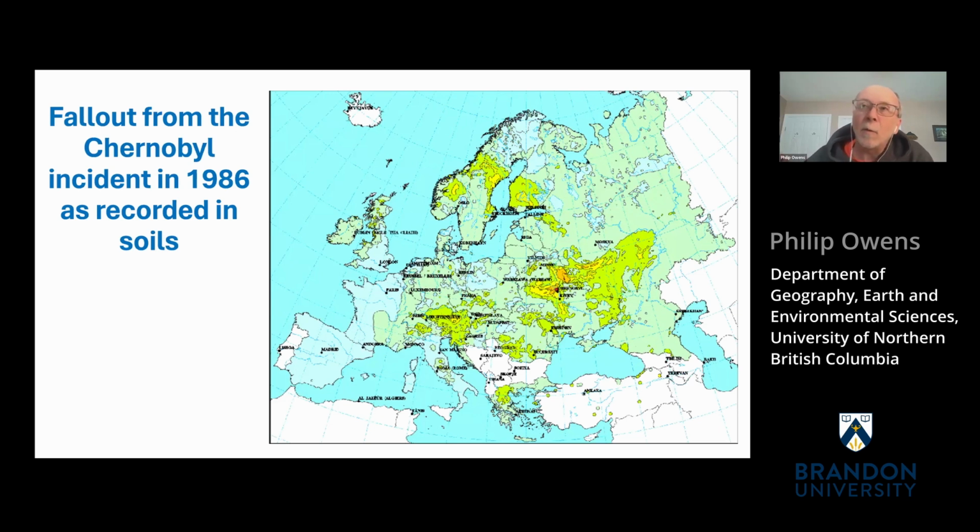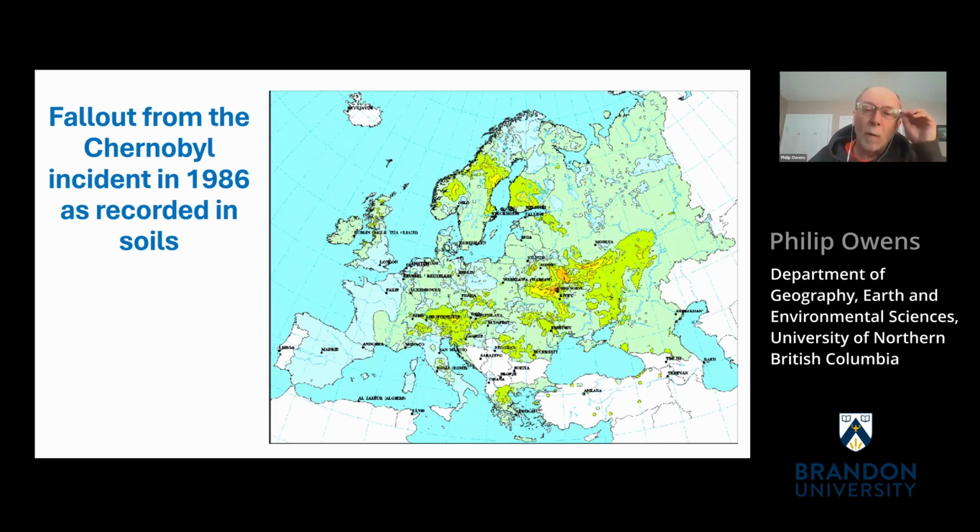And then the other thing is, with fallout radionuclides, in terms of their signal in soils and sediments, you need a mechanism for that material to get back down to Earth. It's in the atmosphere and it would stay in the atmosphere typically, but the mechanism that brings it back down to Earth is typically precipitation. So where you see a lot of areas of high precipitation, in particular rainfall, the rain scavenges these products in the atmosphere and then it brings them back down to Earth and it labels the soils.